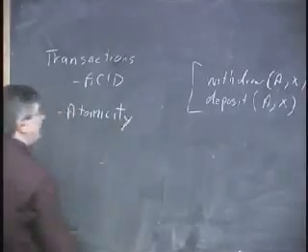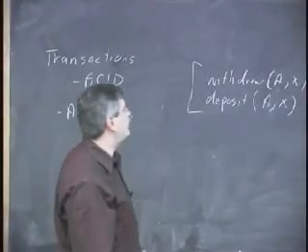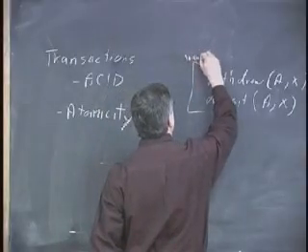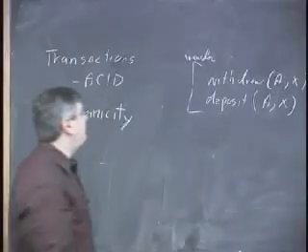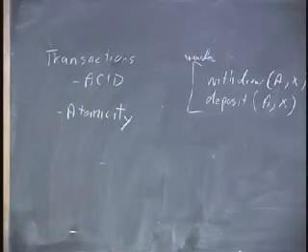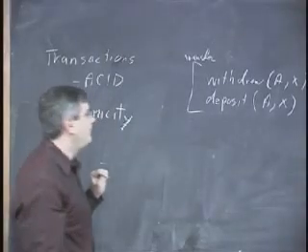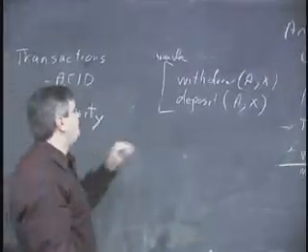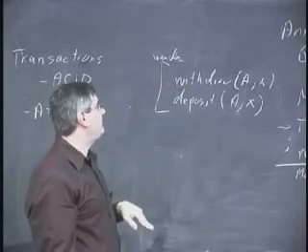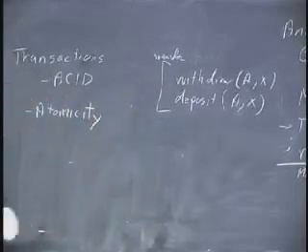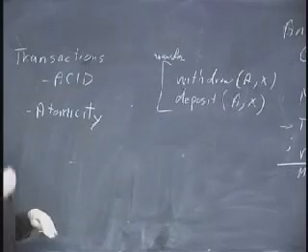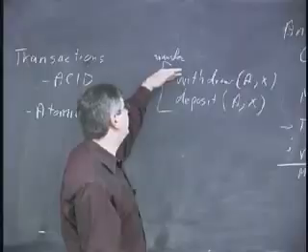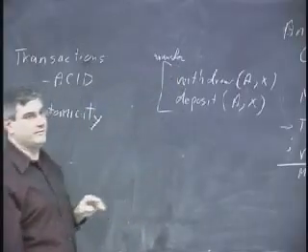So atomicity says that when we do one of these transactions, okay, we want to do this transfer, it has the property that either both of those things complete completely, or neither of them do. Okay? If something bad happens after the withdrawal and before the deposit, the system crashes, the network goes down, anything bad at all that prevents this from happening, the world is like this never happened.